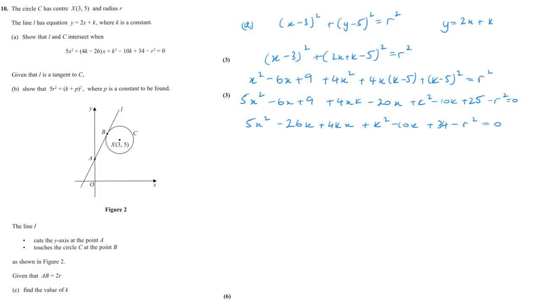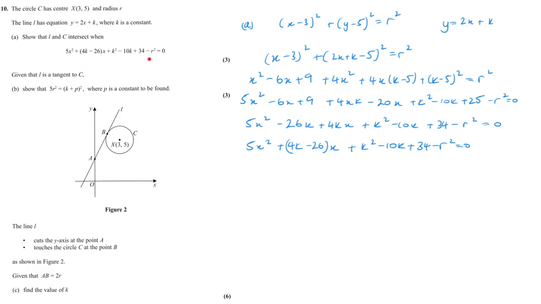Now we need to factorize out the x, so 5x squared plus 4k minus 26 x plus k squared minus 10k plus 34 minus r squared equals 0, and that is then what we require.